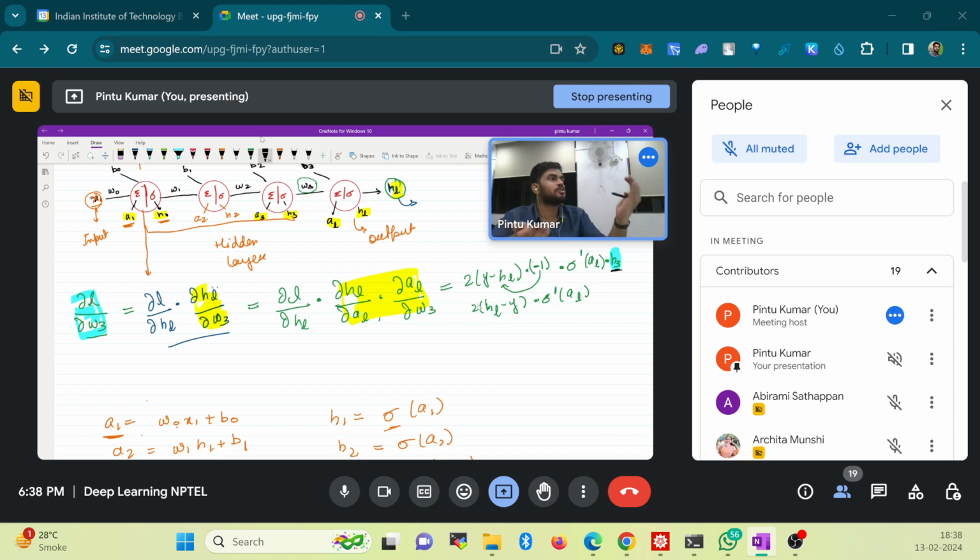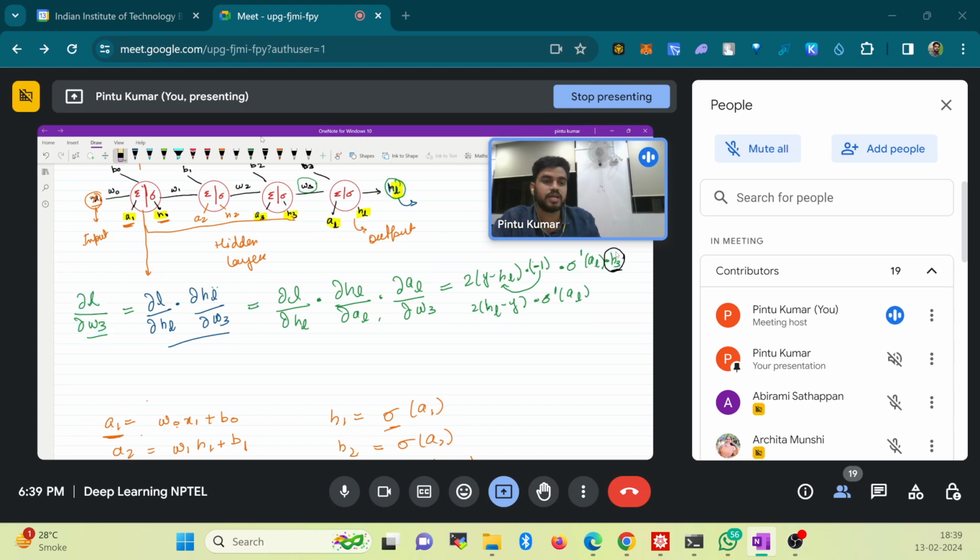So before starting your backward propagation, you should do a forward pass so that you have all these values available to put into the calculation of your gradient. So before backward pass, you should do a forward pass.